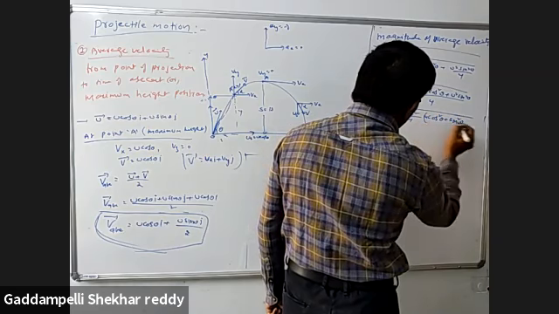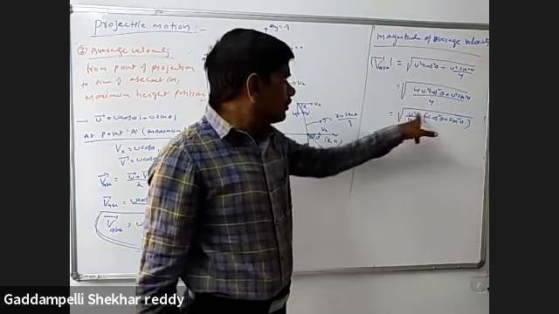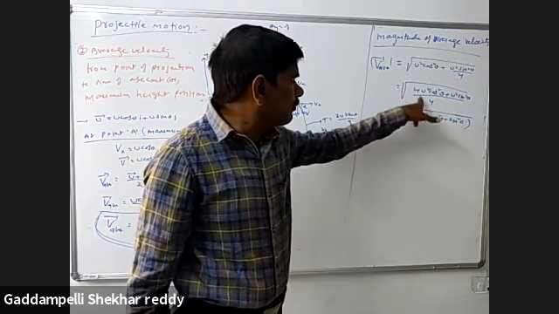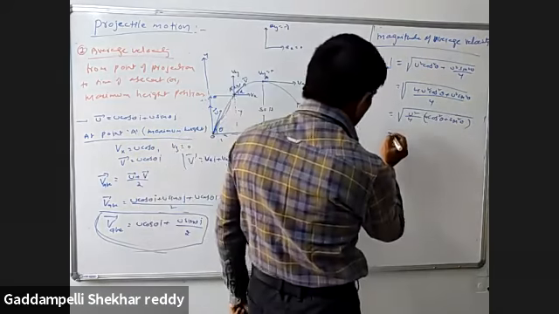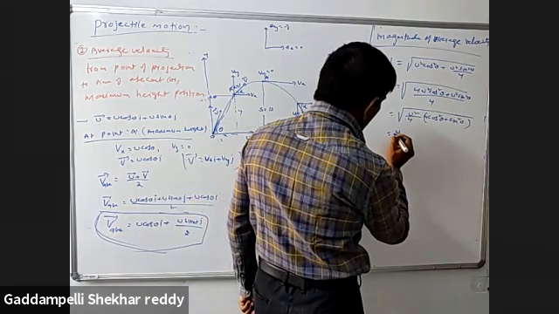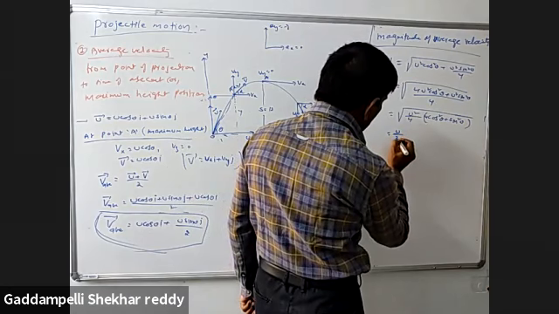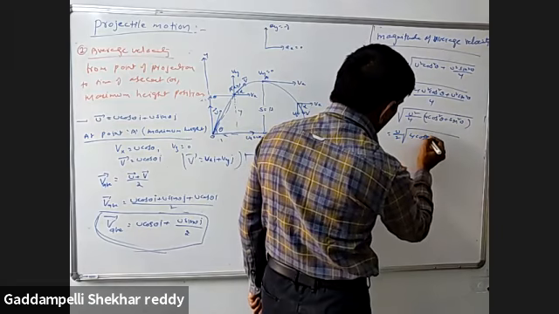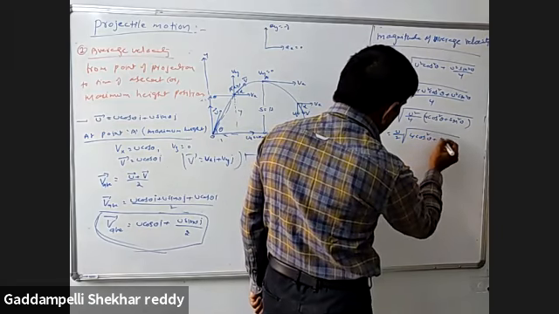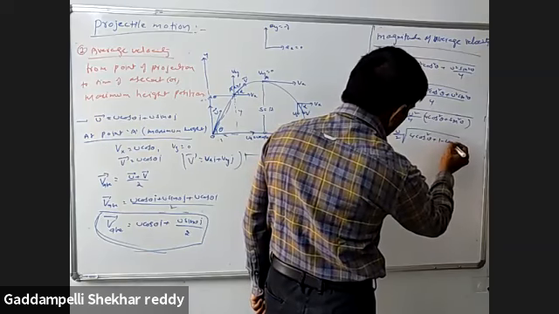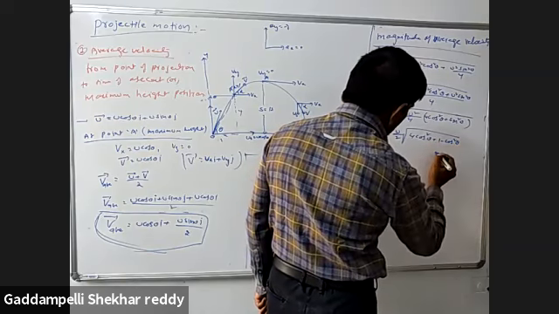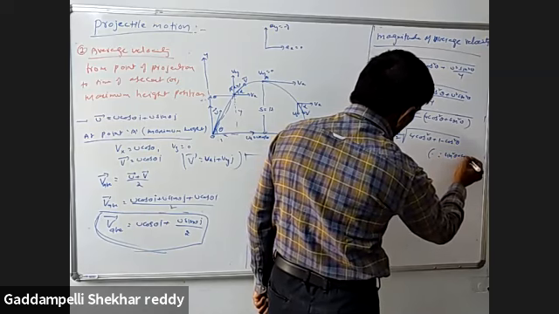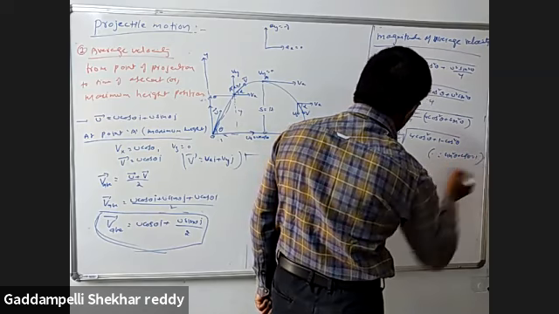So u square by 4, inside root, 4 cos square theta plus this value we write 1 minus cos square theta, since sin square theta plus cos square theta is equal to 1.